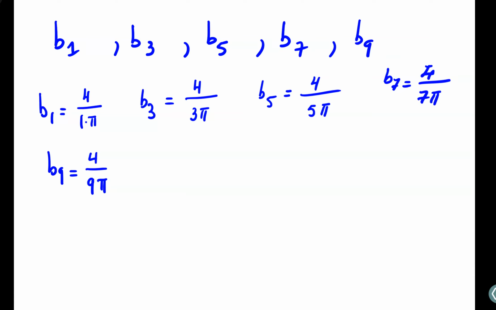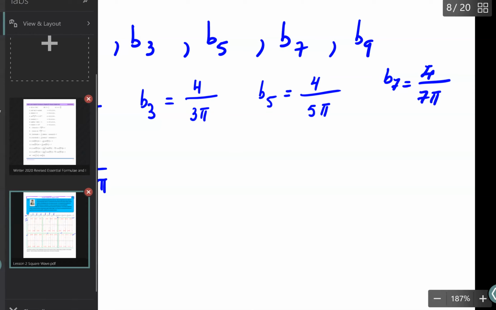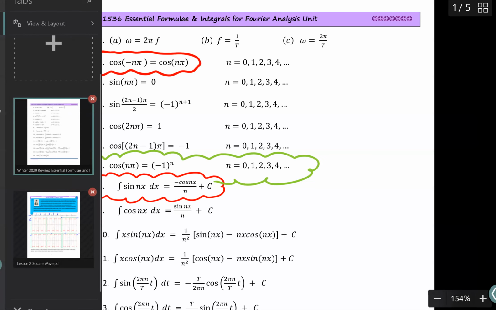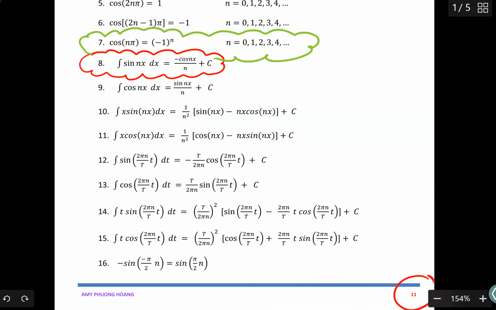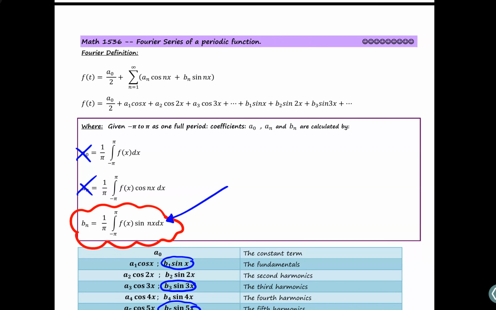But we have to write it in terms of a Fourier series. The Fourier series is just as simple as f(x). First of all, you have the b1. Let me go to our formula sheet and find the reminder of how I should write it in terms of a Fourier series. You see that the Fourier series is given as f of t, or f of x.